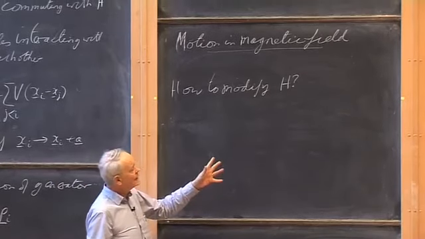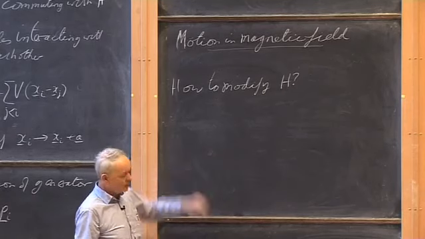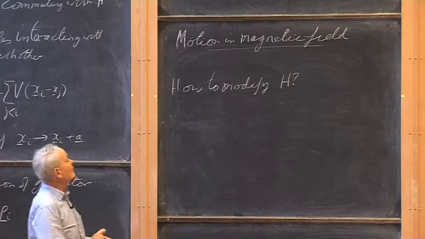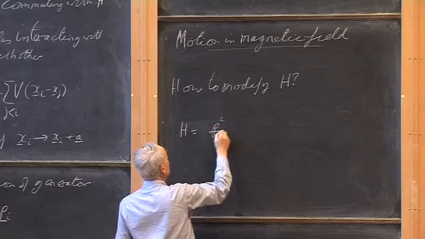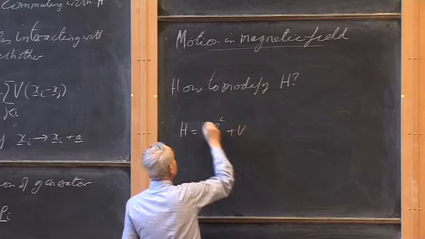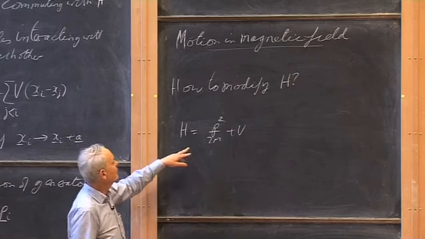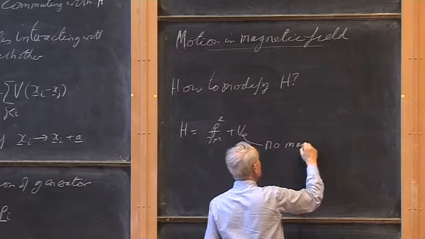So if you switch on a magnetic field, it must be that it's changing the Hamiltonian somehow. So the question is, how is it changing the Hamiltonian? And if you take the view that H is equal to p squared over 2m plus V, because you've got some particle, then you're in trouble because there's no magnetic contribution in the potential energy.